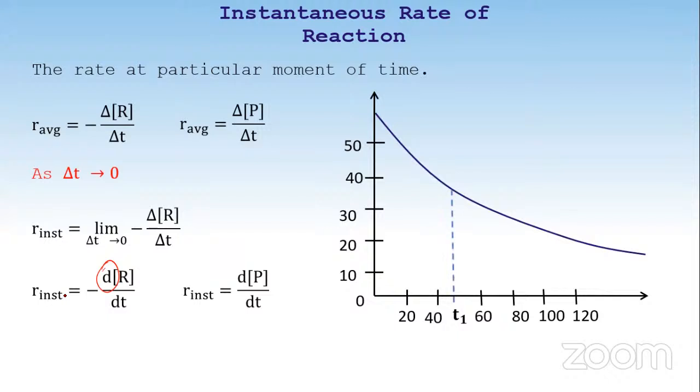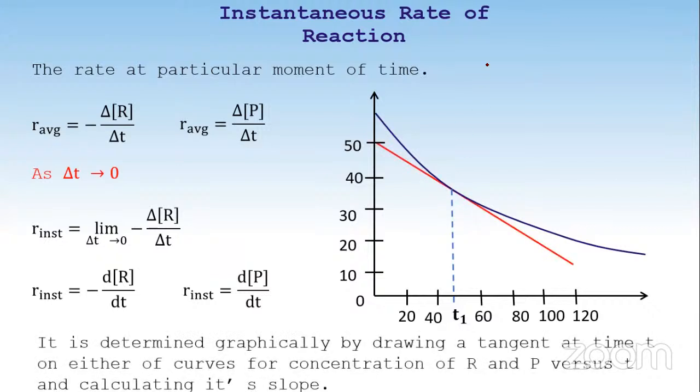But this time we are not taking two time frames like these dotted lines, and we are not doing del P by del T. We are just taking one particular point on the curve and drawing a tangent to it, and from that tangent, we can find the slope m and calculate the instantaneous rate of a reaction.